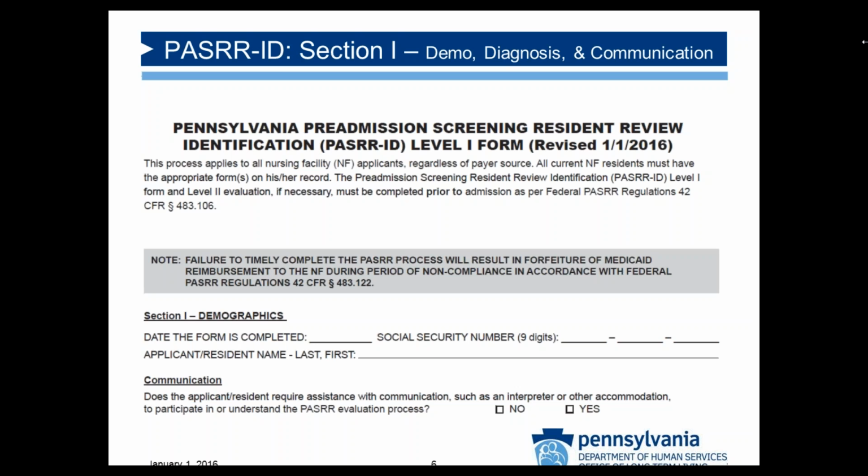And then probably about 8 years ago, CMS finally realized that the PASRR process is the last process that they have in place to ensure that they're meeting ADA requirements when they admit people into nursing facilities. So it's an ability for CMS to make states aware of the process and to ensure that we're not just putting people in nursing facilities without looking at alternative types of care or services that they may need. So that was one of the big things that CMS decided.